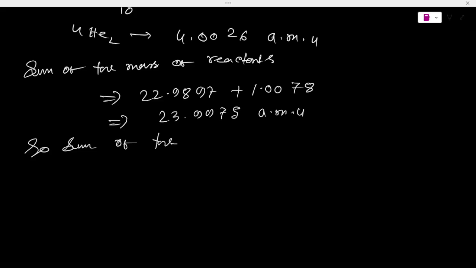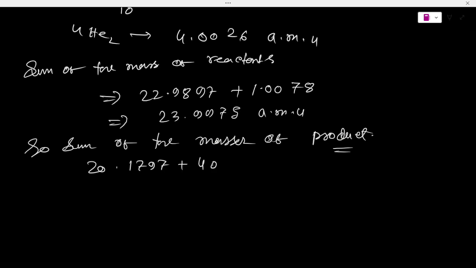So sum of the masses of products: 20.1797 plus 4.0026, it will be around 24.1823.